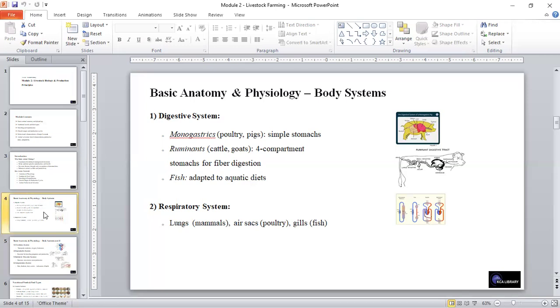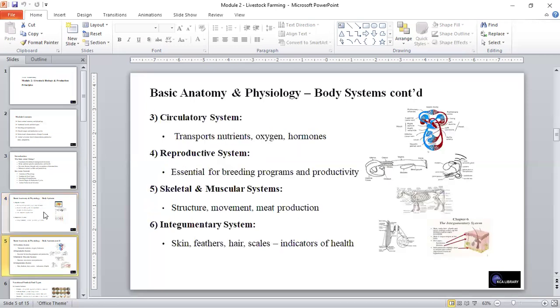Also, the respiratory system. Mostly there is presence of lungs for mammals, that is, animals that breastfeed their young ones. However, for poultry, there is presence of air sacs for respiration, while for fish, there is presence of gills for respiration.